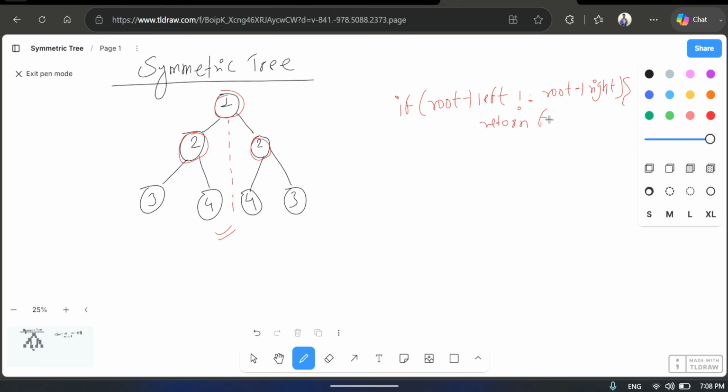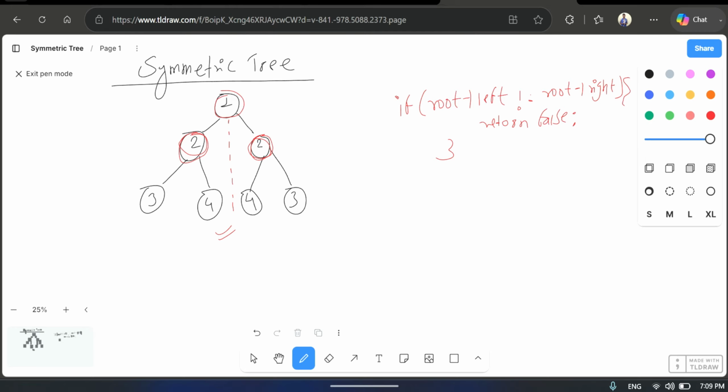I'm just writing this statement in here because that's basically the idea, right? Because we have to compare these two, because these two are mirror. If these two nodes are mirror of itself, or if they are symmetric, we can simply compare if both of those values are equal or not. That's what we're doing here.